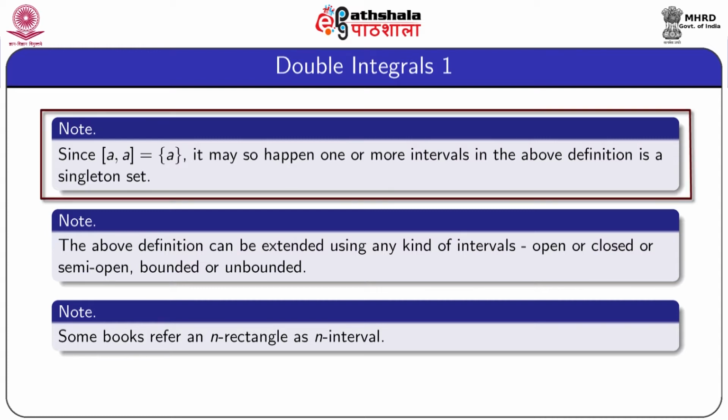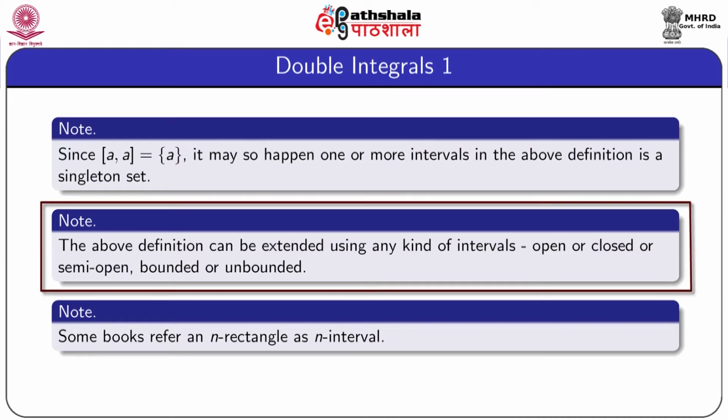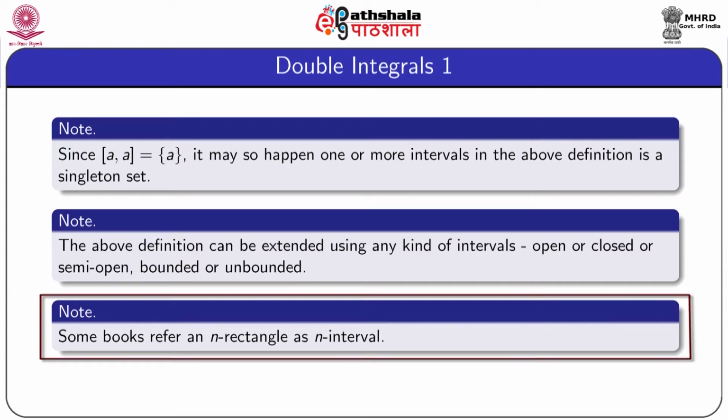So it may so happen that one or more intervals in the above discussion is a singleton set. Next, the above definition can be extended using any kind of intervals, open, closed or semi-open and even bounded or unbounded. In some books, we can find the n-rectangle is called an n-interval.